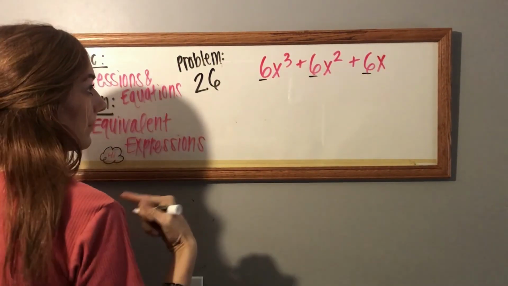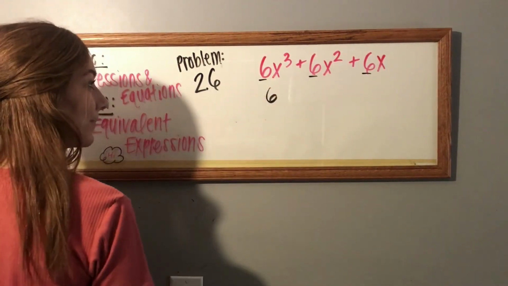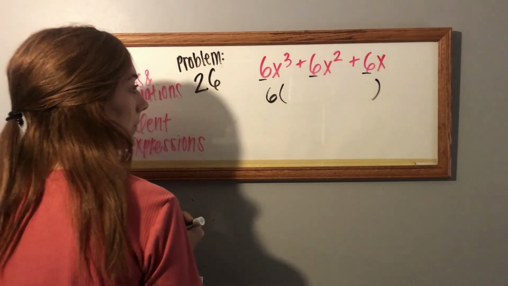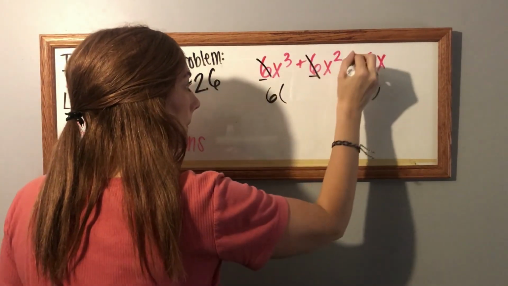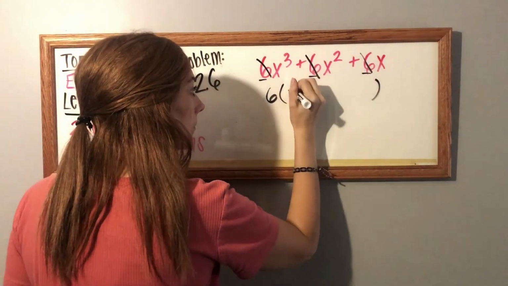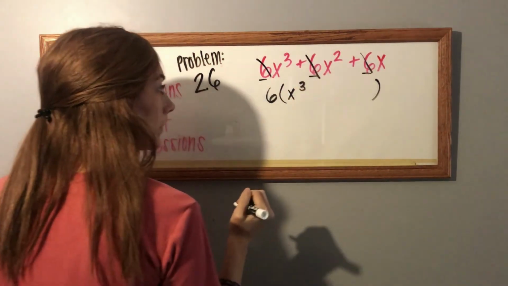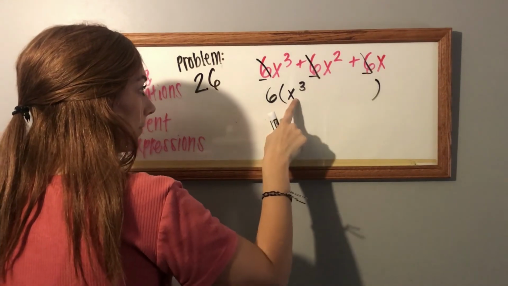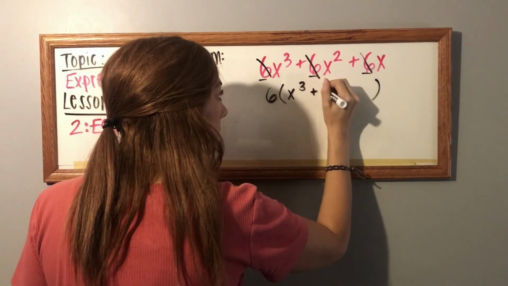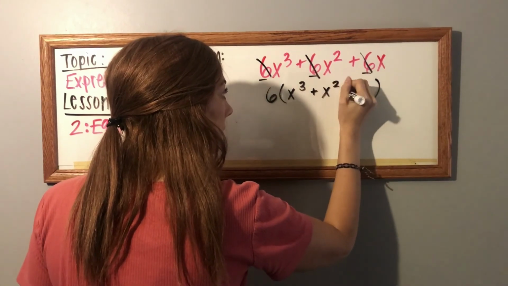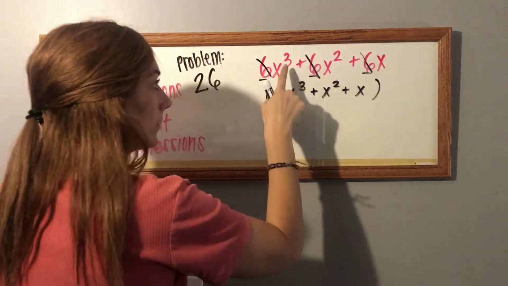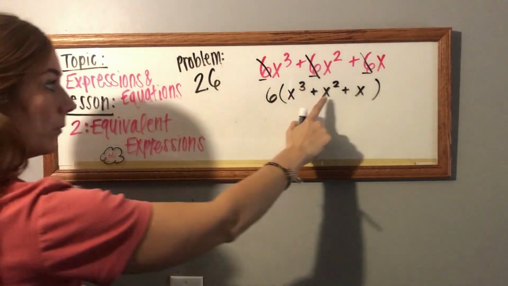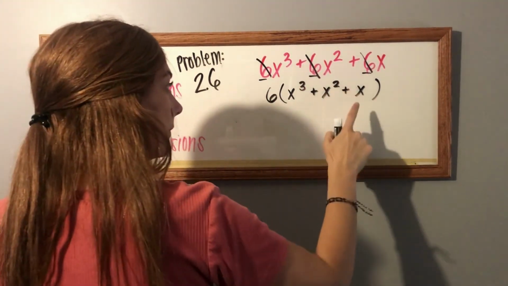So if I pulled that coefficient of 6 out of all 3 of my terms, I could see x cubed plus x squared plus x. So now I've got 6 times x cubed plus x squared plus x.